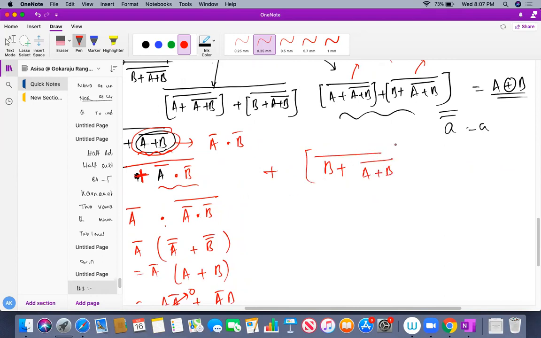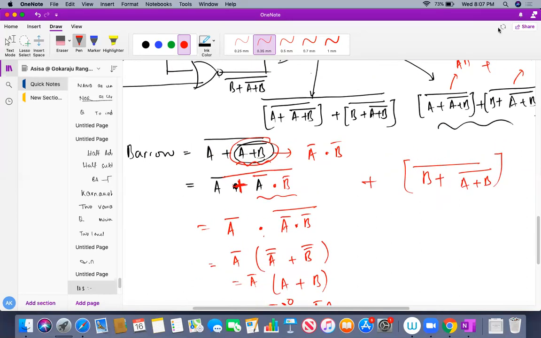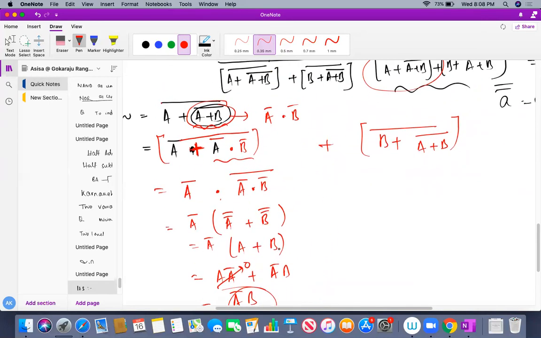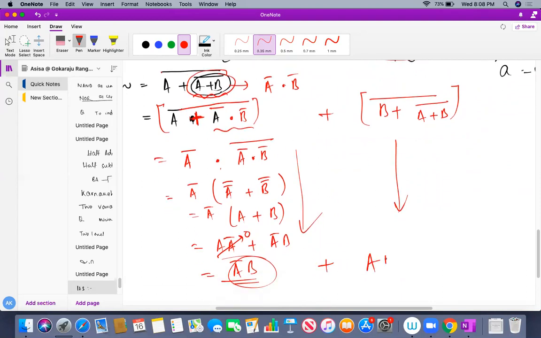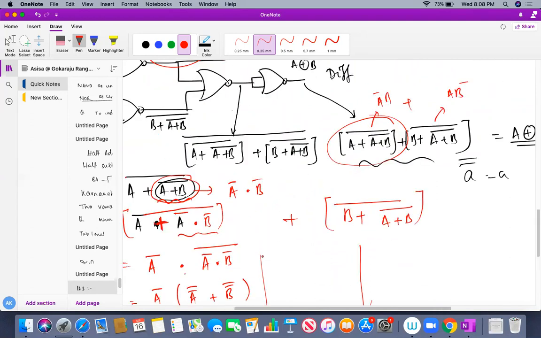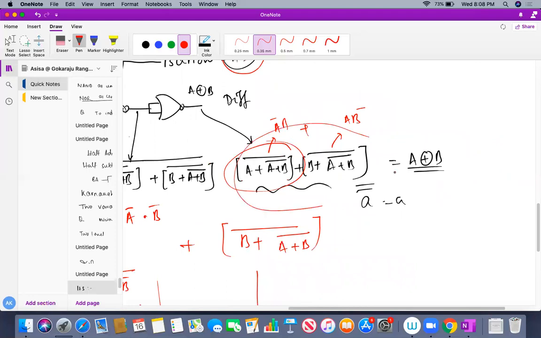If you do this I have solved this part actually, which gives me A bar B. Similarly, if you solve this the same way I have solved here, it will give you finally A B bar. Okay, very simple. Then you can finally tell that the given equation whatever I have done is actually A bar B or A B bar, which is finally nothing else but A XOR B.